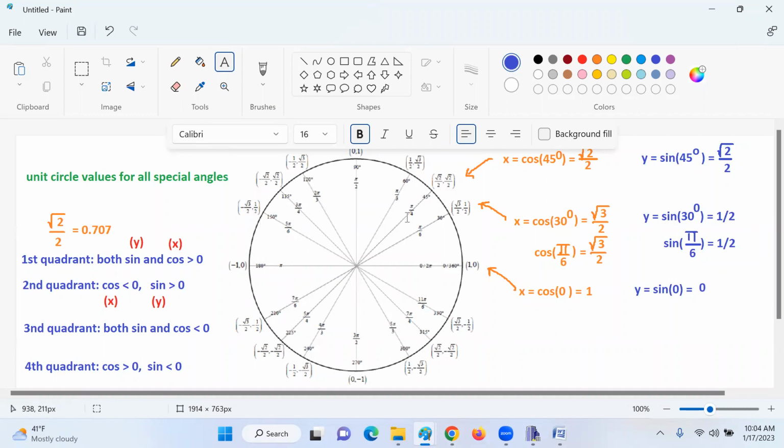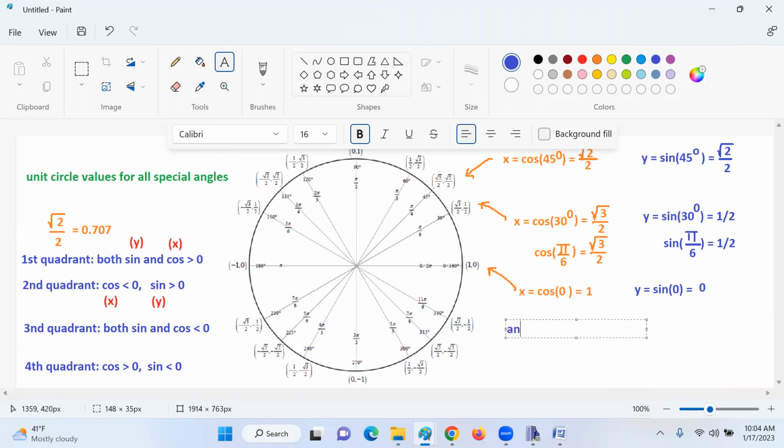So we analyze the different angles of the unit circle, the angles of each quadrant, right?